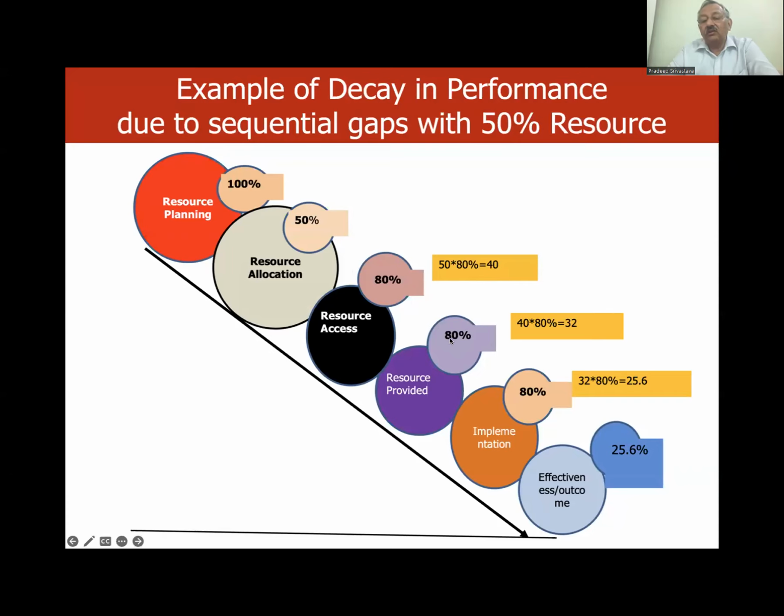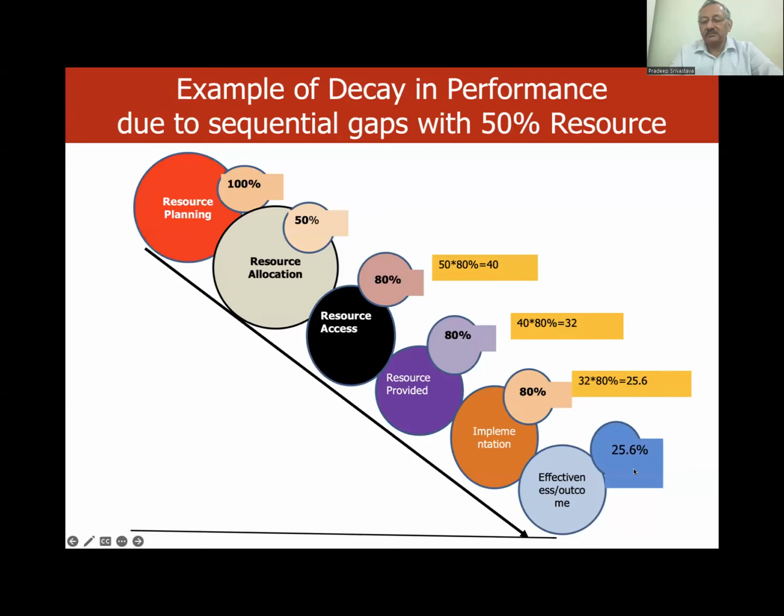If you are a very good implementer and have utilized 80% of whatever resources you were provided, which is supposed to be a very good judgment cycle for utilization, then you are actually achieving only 25.6%. So your output is basically 25%.